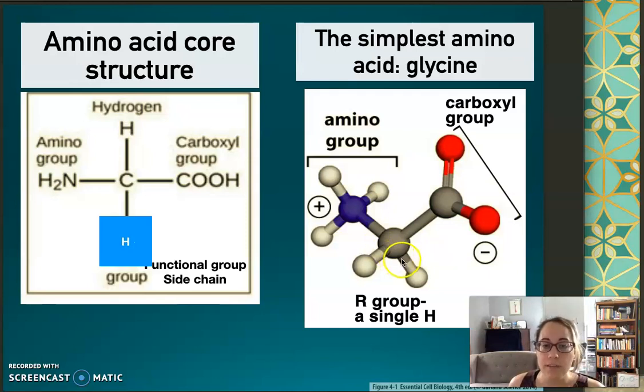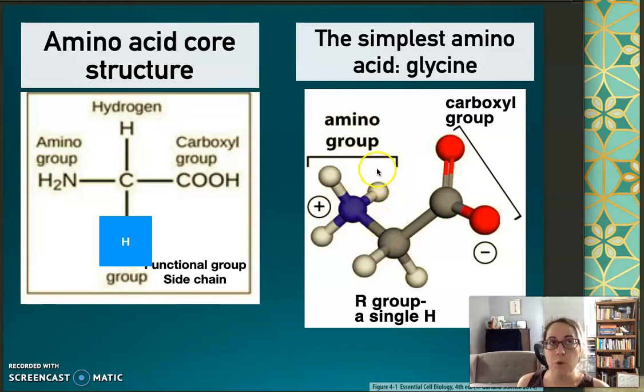Now, the central carbon is important because it is always going to be the atom that has 4 bonds, one to the amino group, one to the carboxyl group, one to the hydrogen, and then one to the R group. And that is consistent between all of the amino acids. The only thing that changes between the identity of the different amino acids are the R groups.